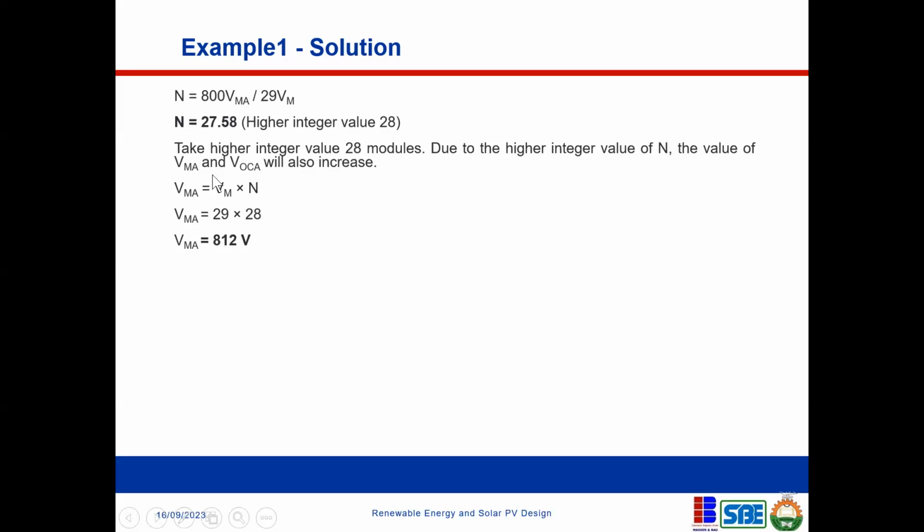The rationale for us to recalculate the maximum voltage of the array is that, because of this approximation we did here, we need to know how it's going to affect the final voltage input. Our target is 800, but we did a small approximation here. We want to see how it will increase beyond our required voltage. So that's what we just did here, and it's 812, which is still within the range.